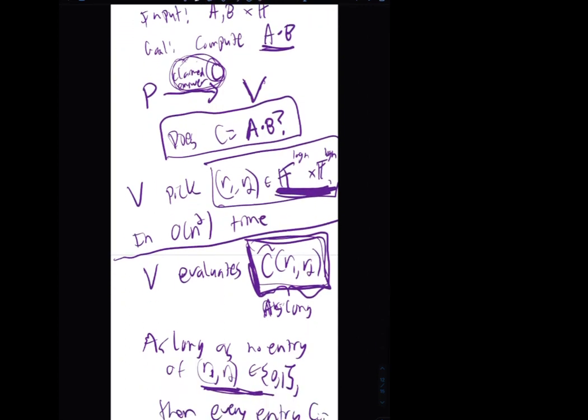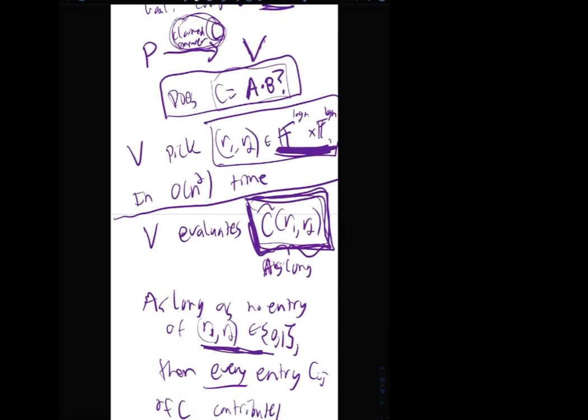Okay. Now, the reason the verifier evaluated C twiddle at R1, R2 is because it's basically doing a fingerprinting test. Because any two distinct low degree polynomials disagree almost everywhere, if C does not equal A times B, then their multilinear extensions will disagree at this random point R1, R2 with high probability.